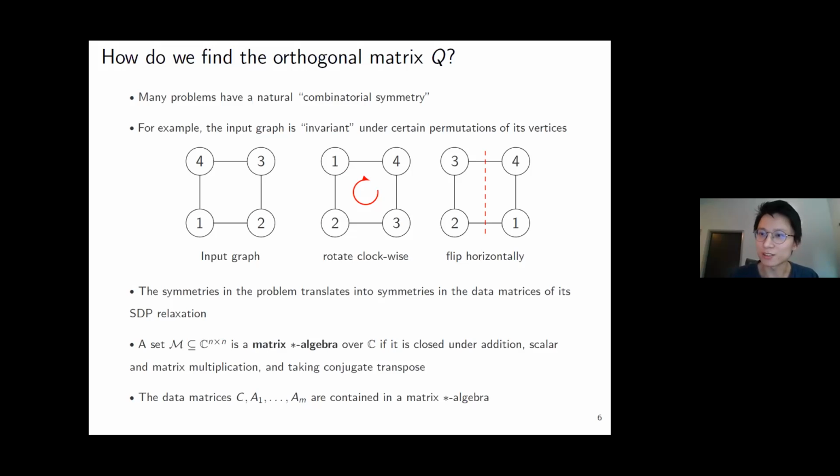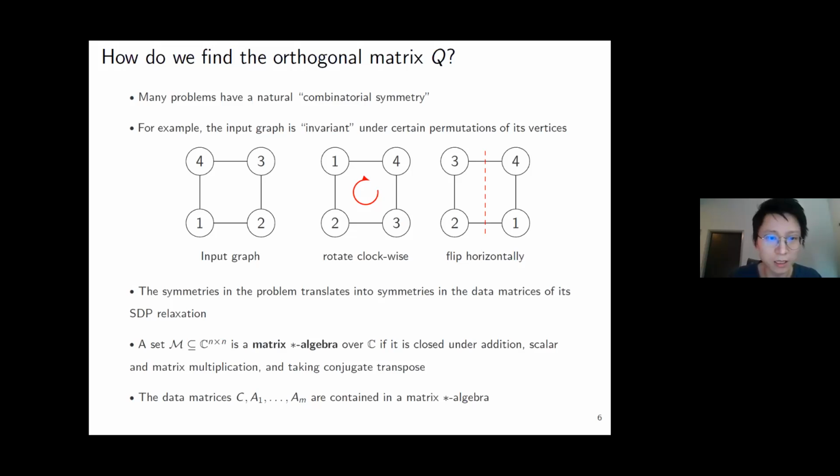It turns out that many problems have a natural symmetry, a combinatorial symmetry, or just a symmetry, whatever it is. Here, let's say we have a combinatorial symmetry. For example, if your problem is defined on a graph, your input graph might be invariant under certain permutations of its vertices.